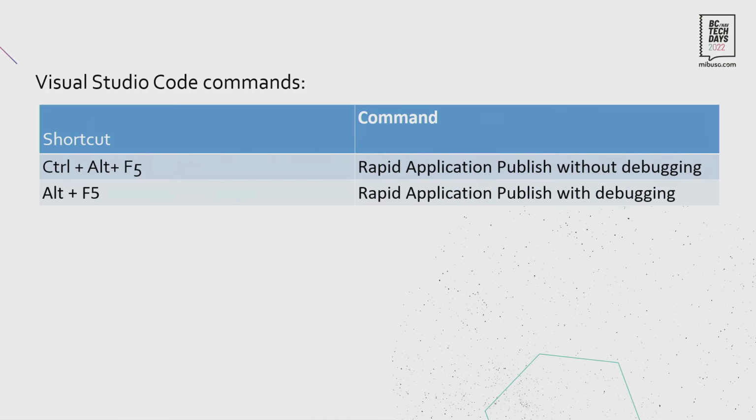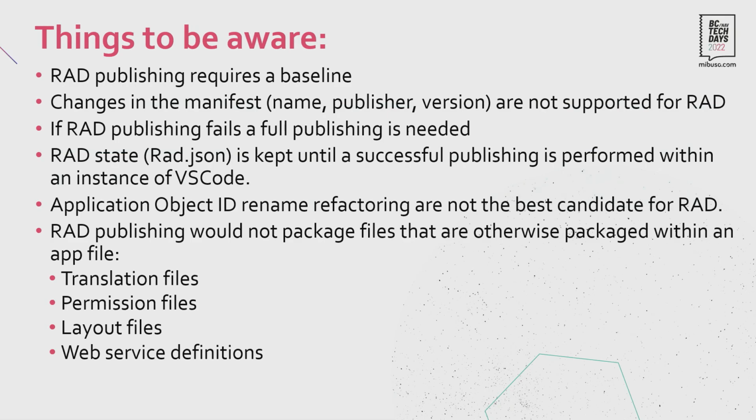So the shortcuts for red are Control-Alt F5 in Visual Studio Code if you just want to publish without debugging, or Alt F5 if you want to do red publish with debugging. Now, there are a few things you should be aware of when you are doing red publishing. Red publishing requires a baseline, because it's an incremental publishing, so you need to have something that it increments. Manifest changes are not supported for red.